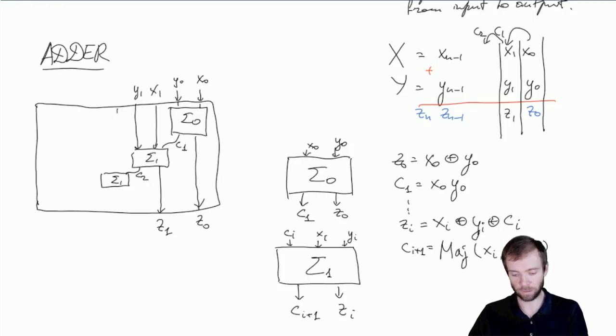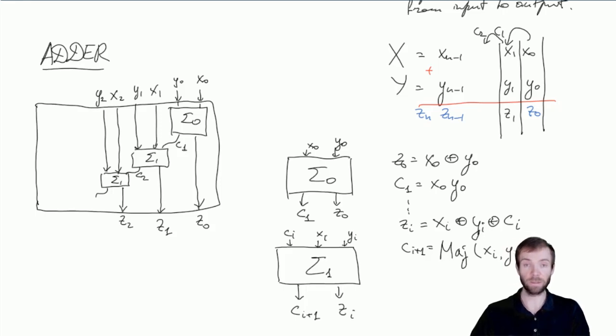Sigma 1, we can mark it again, and together with x2 and y2, this will produce the output z2 and the next carry bit, and so on and so forth. So up until we have zn as the last output. So this would be actually the carry bit cn. It's the same as we denote here by zn.